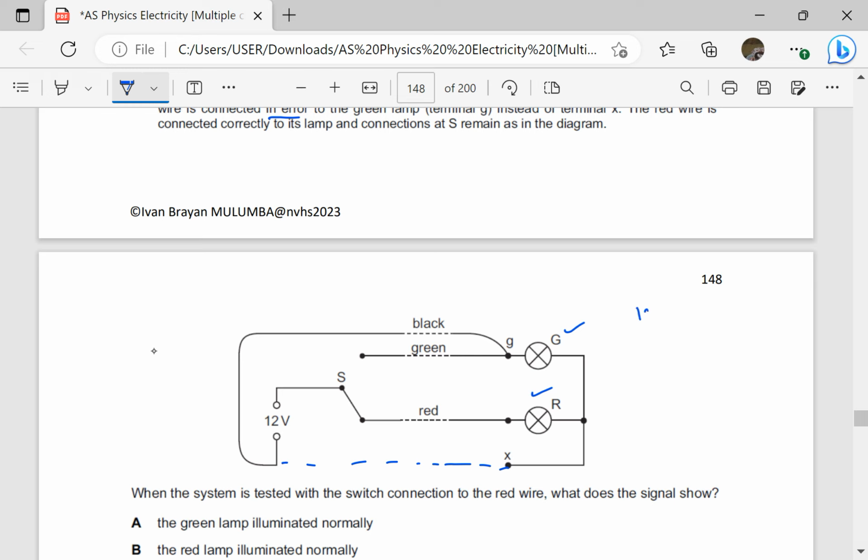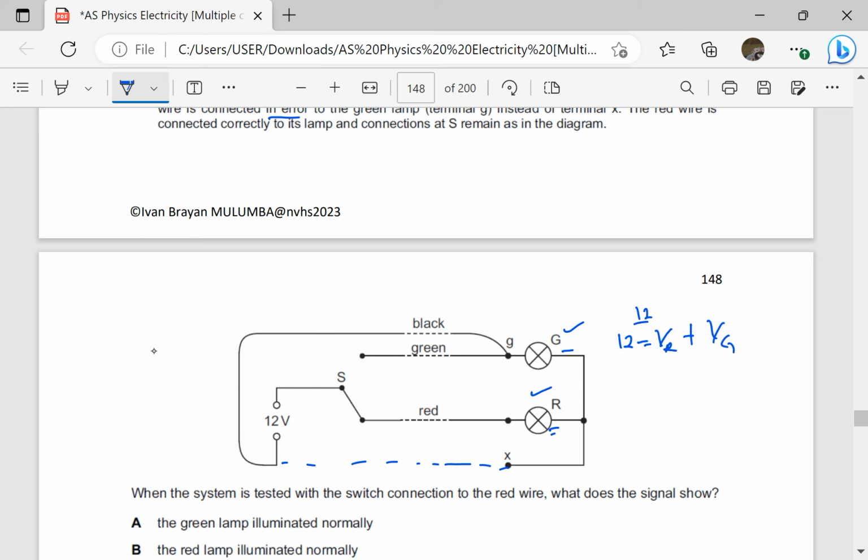However, the PD of 12 volts is going to be divided between red and green. Before, the PD of 12 volts would either all of it be across red, but not across green, or all of it across green, but not across red. Now that 12 volts is being divided into the PD across red and the PD across green.